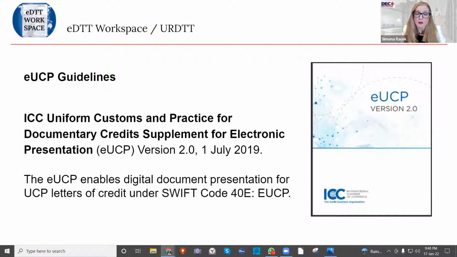These guidelines allow for digital documents to replace paper originals and copies when letters of credit are issued under SWIFT code 40E EUCP. These guidelines may be used by the seller to expedite the negotiation and payment of trade transactions by transmitting the export documentation electronically instead of by courier.